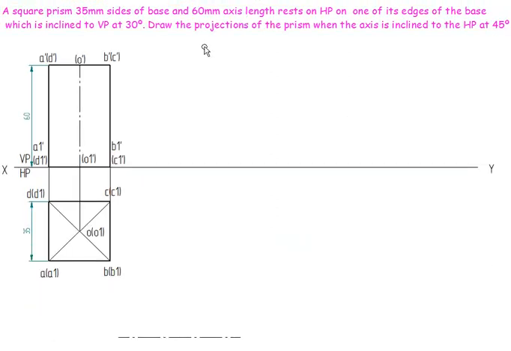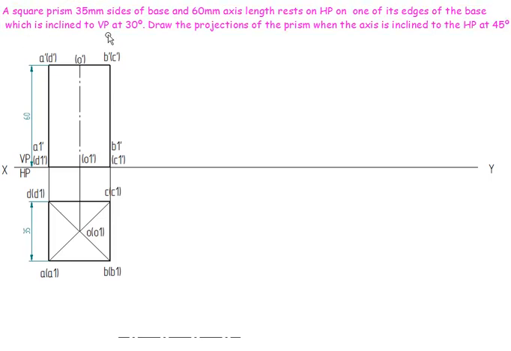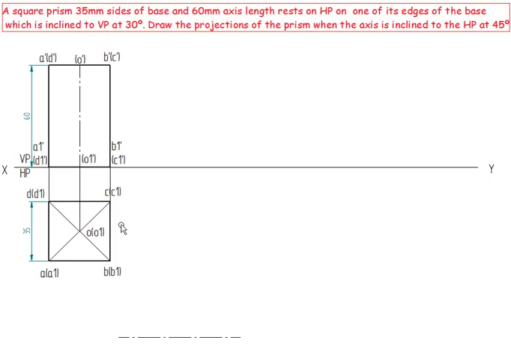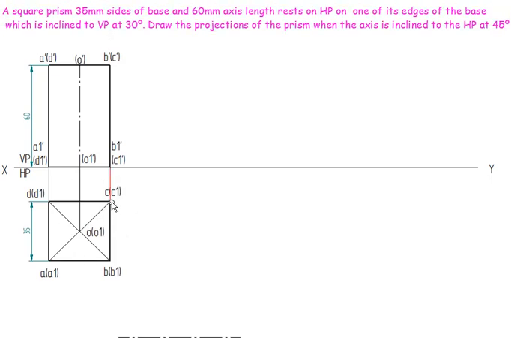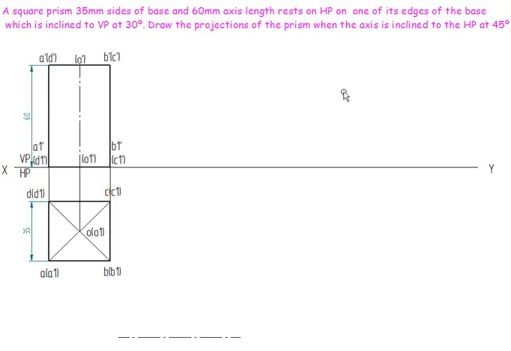The next step is, we are going to be seeing that one of the base edges of the base which is inclined to VP at 30 degrees. So if it is on HP, the second step we are going to see is the inclination with respect to HP. So here, draw the projection of the prism when the axis is inclined to HP at 45 degrees.